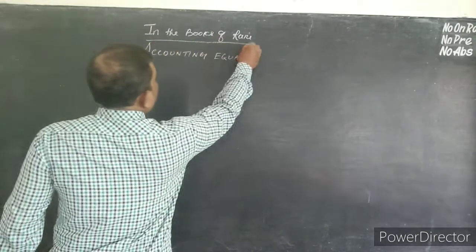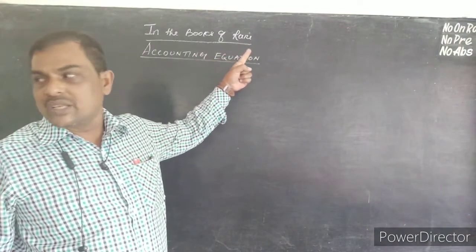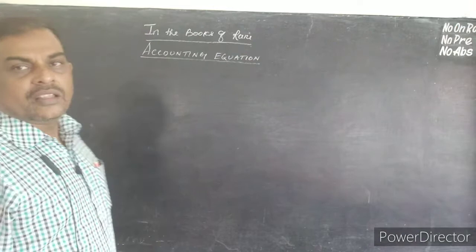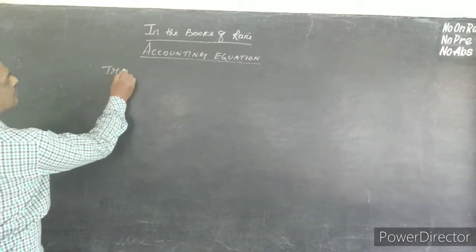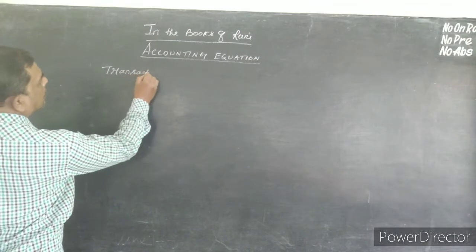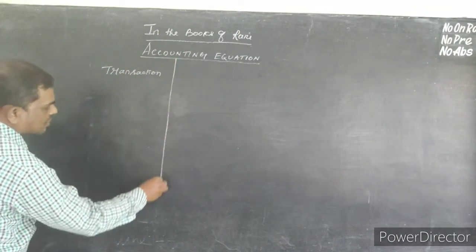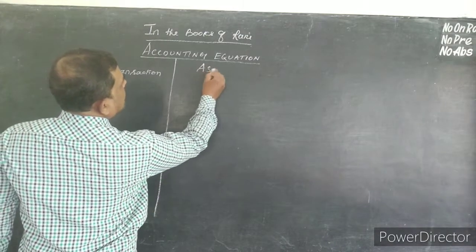This is the heading, in the books of Rani, because we are going to prepare Rani's accounts only. So: books of Rani, accounting equation. The first column is called transaction and the second column is equation.